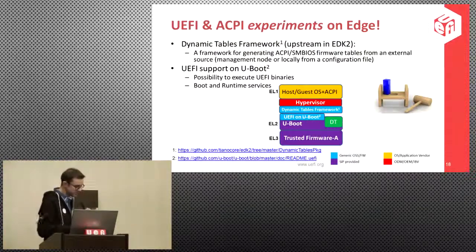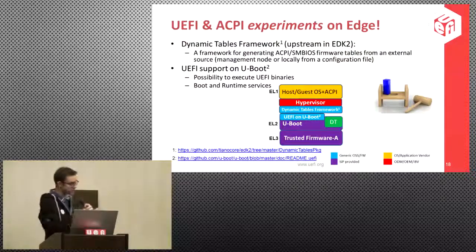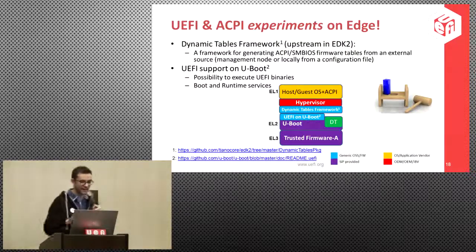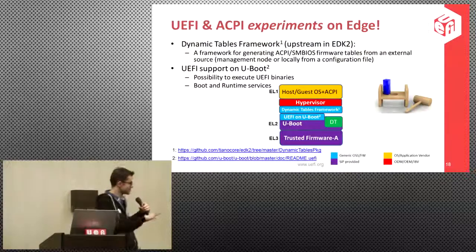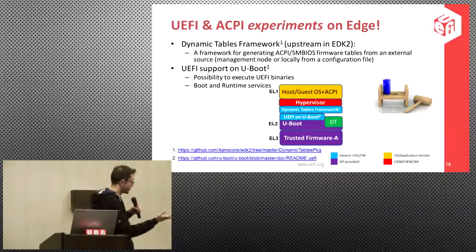We are trying to use this framework outside of the traditional EDK2 space to generate ACPI tables using a device tree source file as an input. It's kind of a monster, I know, but as long as it pays the bill, it may work.